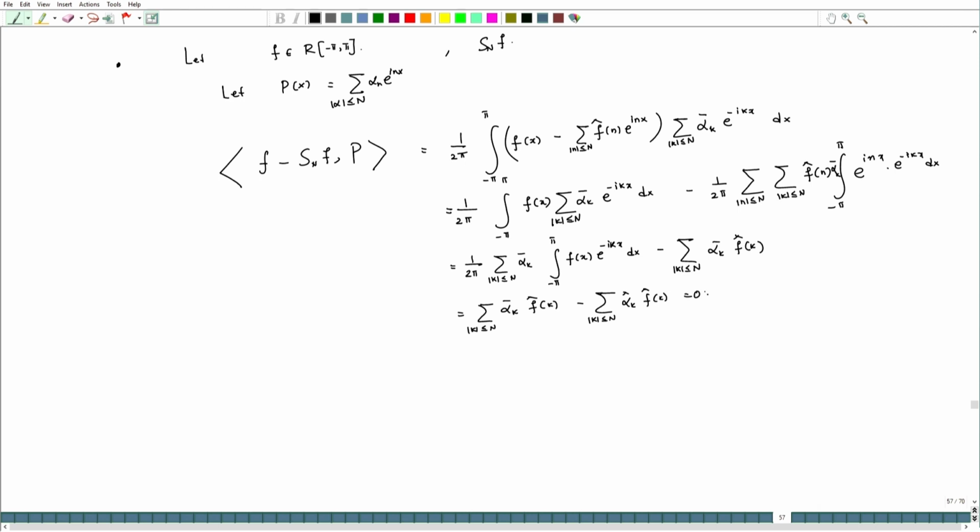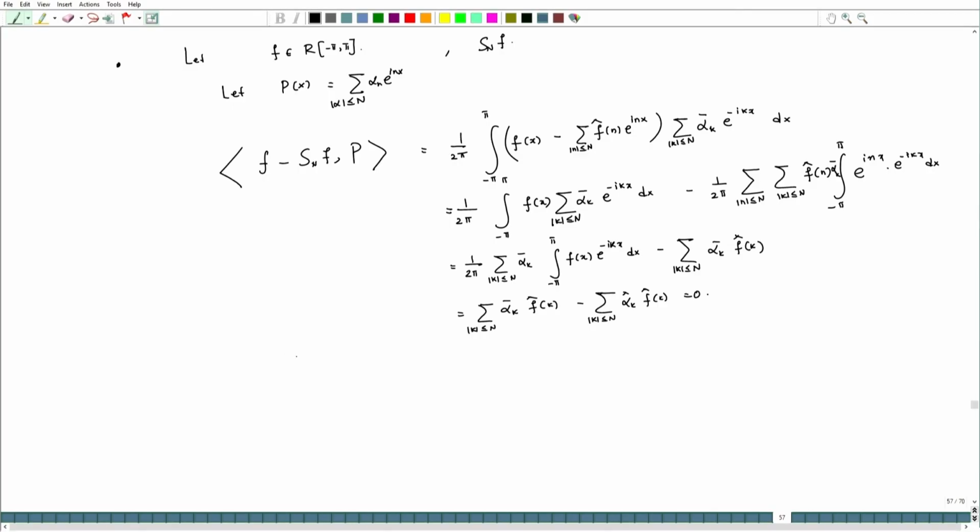This is very important for us, because now f minus S_n f is orthogonal to every trigonometric polynomial of degree less or equal to n.